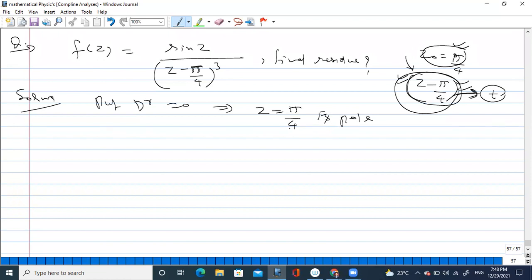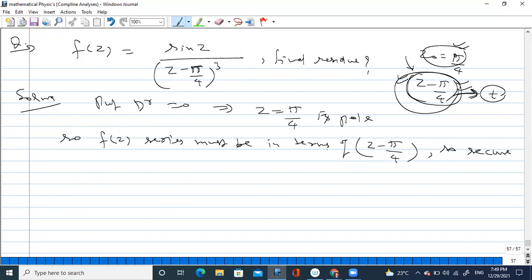Understood? So for this pole, the f(z) series must not be in terms of z, it must be in terms of z minus pi by 4. So secure it. I'm writing this line just so that you can remember. So secure it by replacing z minus pi by 4 equal to t.